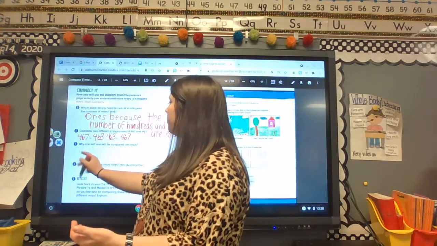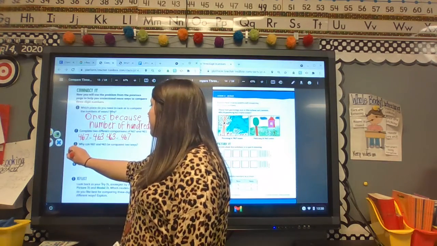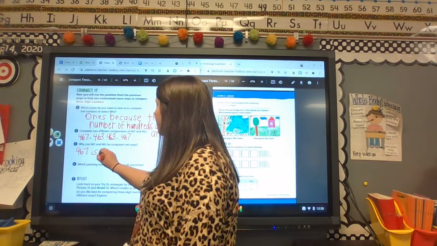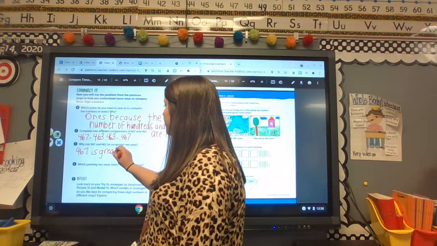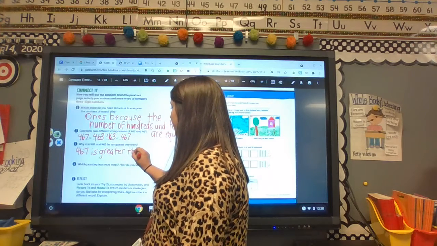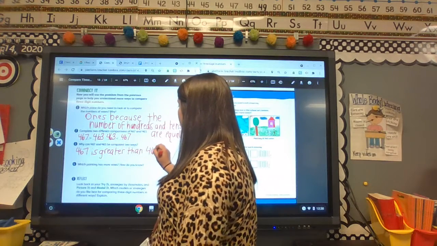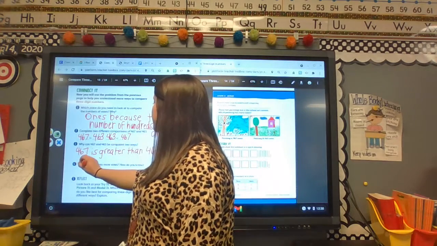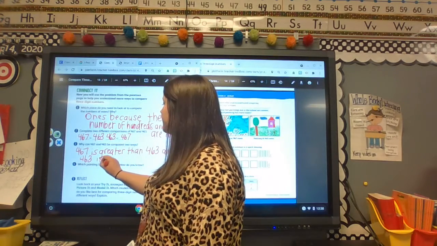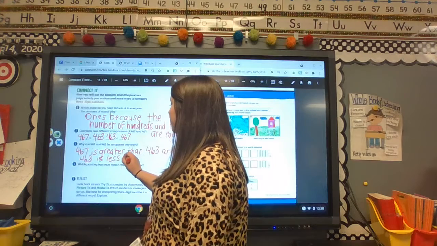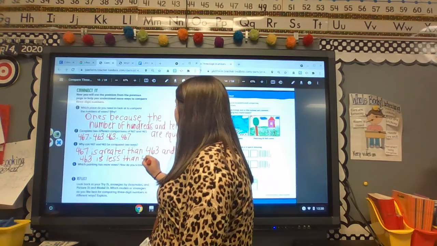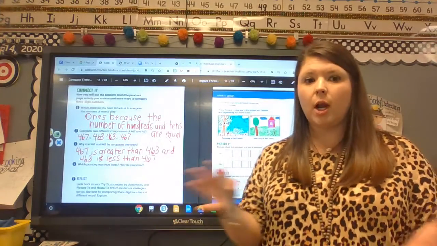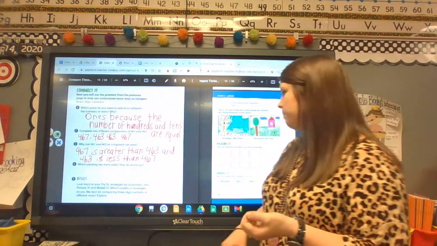So we can compare that by saying that 467 is greater than 463. And we can say 463 is less than 467. And that still tells us that 467 is larger than 463.